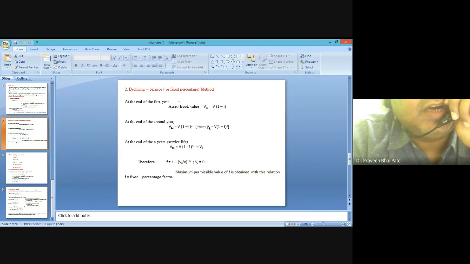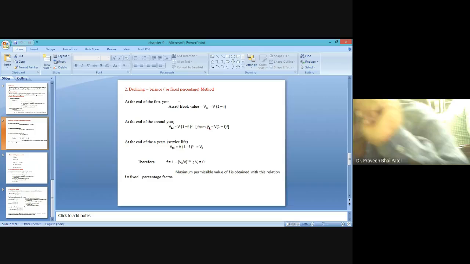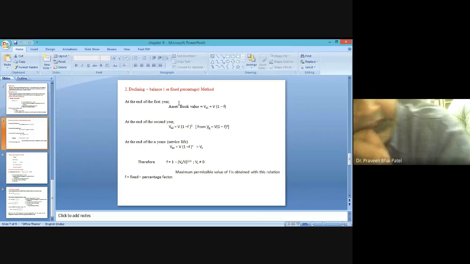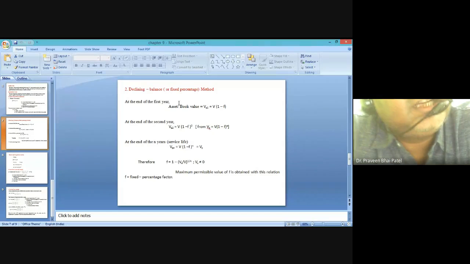V is the original value. What is F? F is the maximum permissible value obtained with relation, or it is also known as the fixed percentage factor. So we apply one fixed percentage factor which is deducted in the first year, then in the second year, then in the third year, and at the end of the n years.